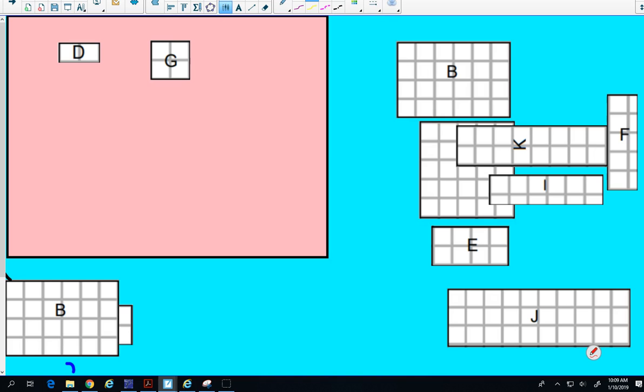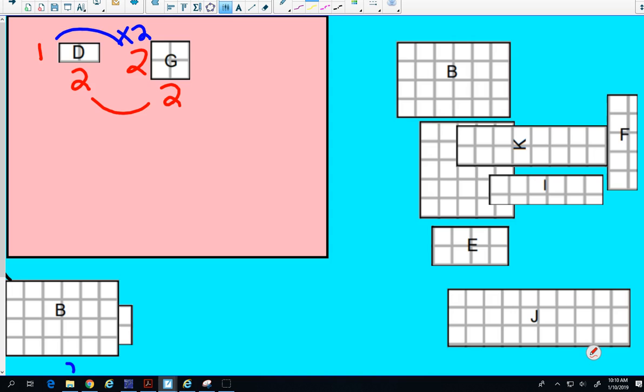If I multiply what by 2? If I multiply 1 by 2, I get 2. So that's going to be a times 2 relationship, right? But what about the other side of D? If I take 2, and then what's the other side of G? 2. So what would I multiply 2 by to get 2?